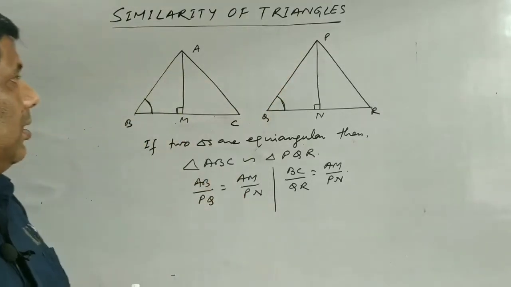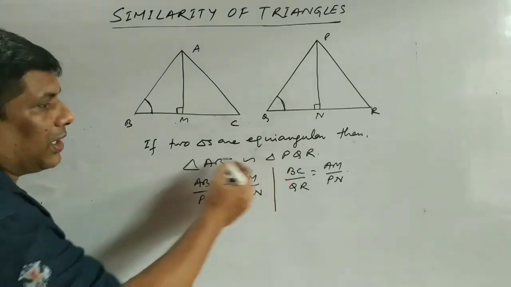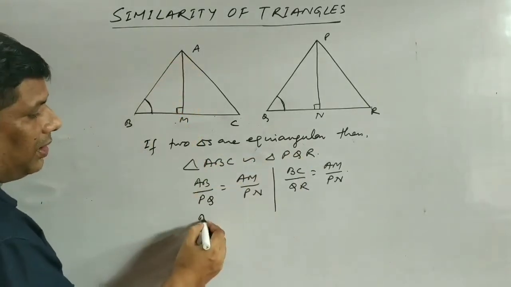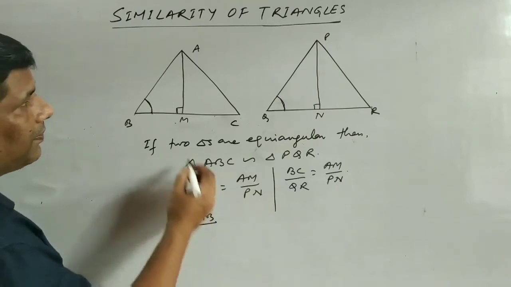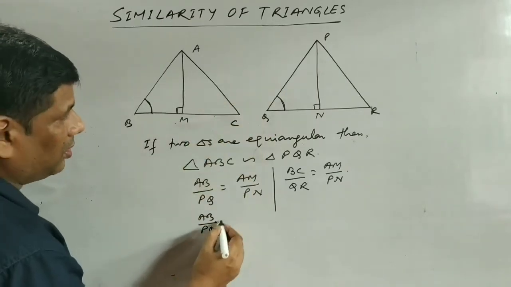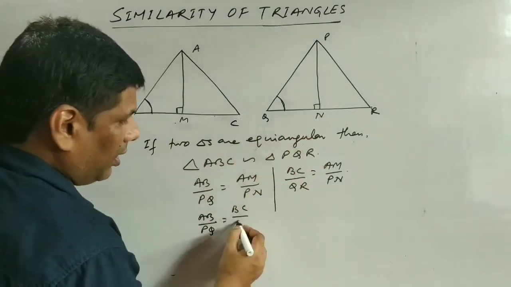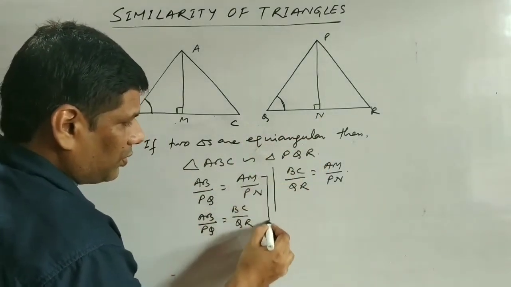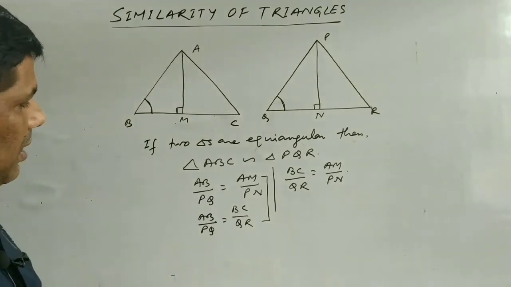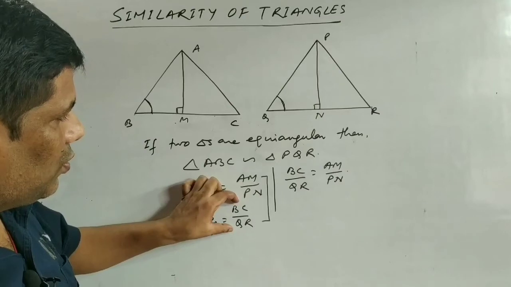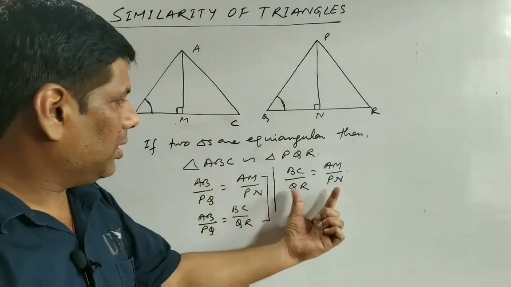But since the two triangles ABC and PQR are similar, AB by PQ is equal to BC by QR. So combining these two equations, what we get? AB by PQ is common, therefore AM by PN equals BC by QR.